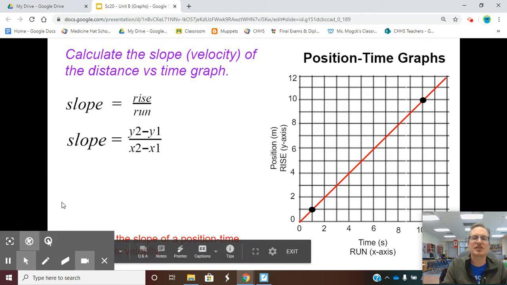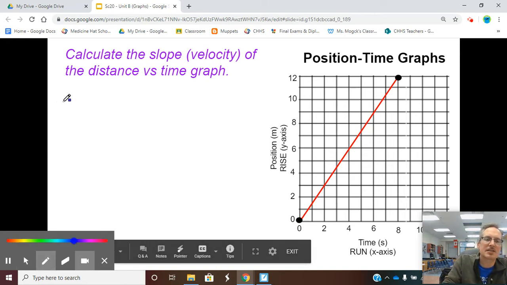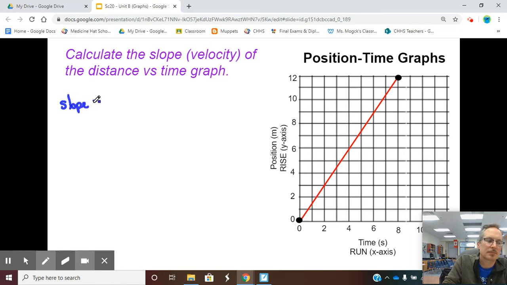Okay, let's try another example. We have a new position time graph. Again, I always like to check the axes. Time is in seconds, position is in meters. Looks like we're going by 1, 2, 3 every 1 meter, and 1, 2, 3 every 1 second. Perfect. Again, we're going to calculate slope. Slope is rise over run. My rise is going all the way to 12 meters minus my first one, which was 0 meters.